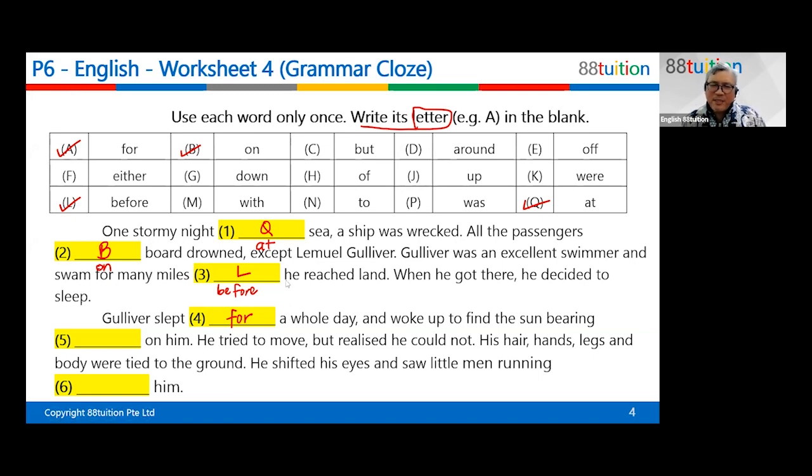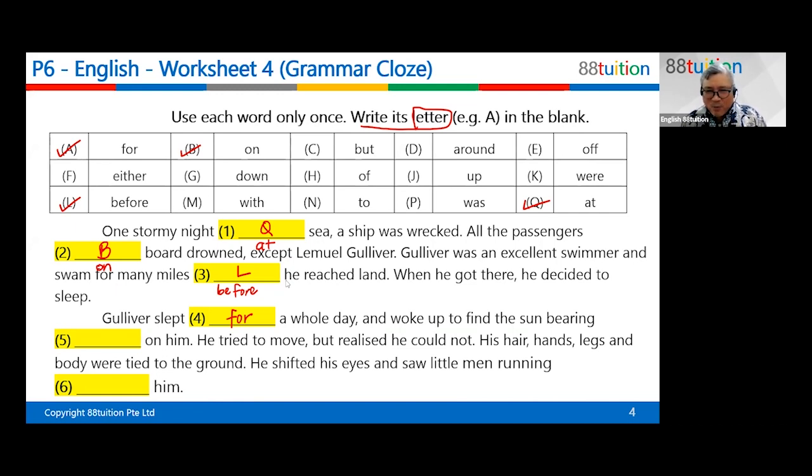Sleep off a whole day is like as if you get rid of a whole day, right? I don't know whether that is... It sounds familiar, but it's also rather informal. Like Gulliver sleeps off a whole day. It's more for a whole day.